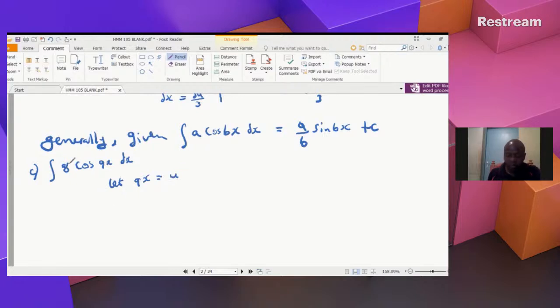And then differentiate both sides to get 9 dx as du. Let me just unshare and then share so that my pen is not shaking.